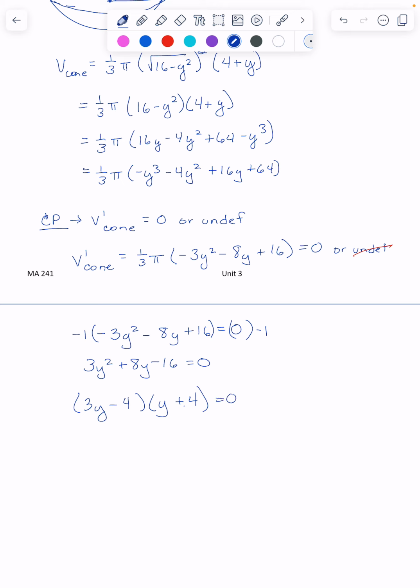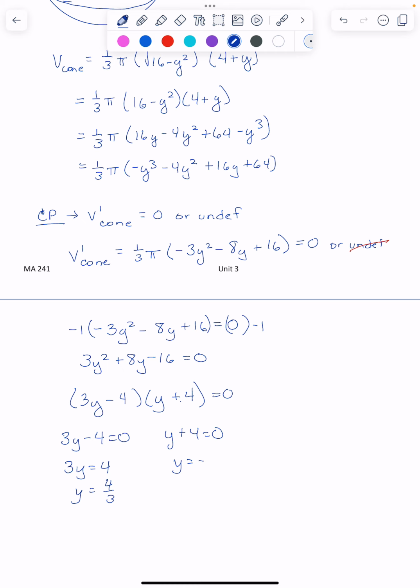This equals 0. That means if either one of those terms equals 0, it equals 0. So I get a 3y minus 4 equals 0. That would give me a 3y equal to 4, or y equal to 4/3. My second option is y plus 4 equals 0. That means y equals negative 4.